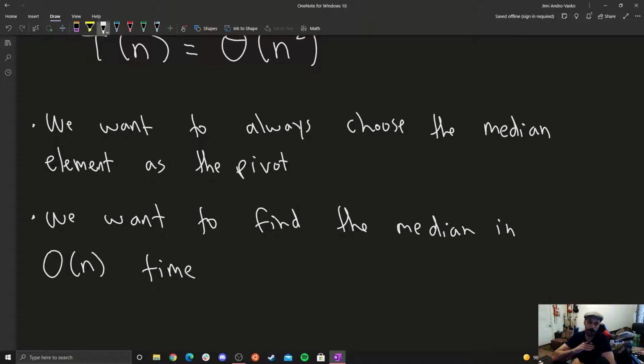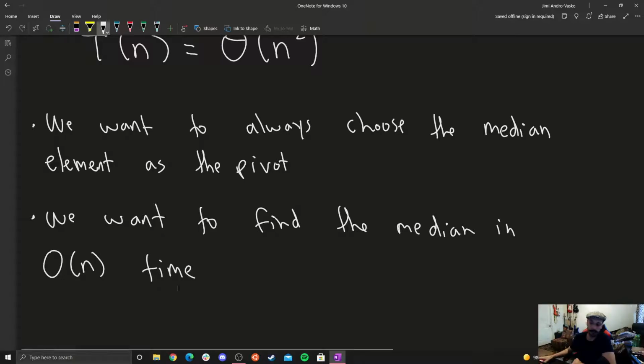When we're doing quicksort, inside of every quicksort function call, we do a partition step. Partition takes theta of n time. So as long as we can find the median in n time or less, we're okay, because no matter what we do, we have to run this partition, which takes n time. We don't want to find the median in more than linear time, or asymptotically more than linear.